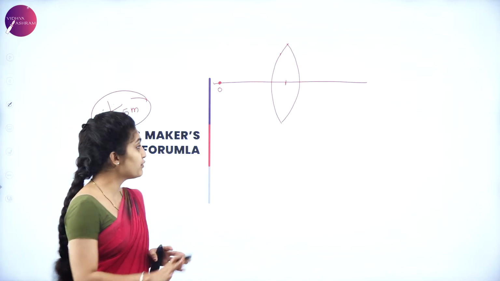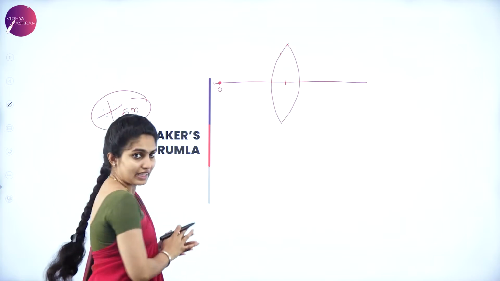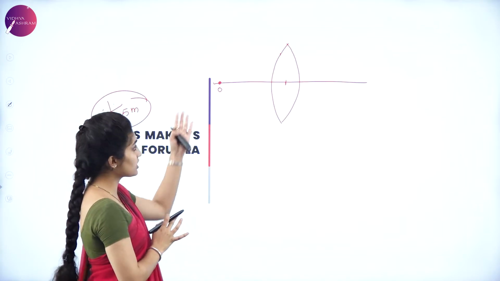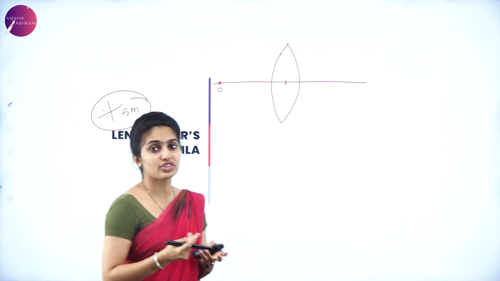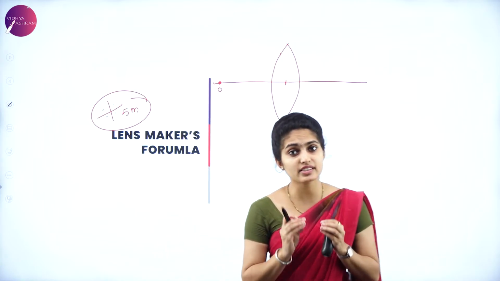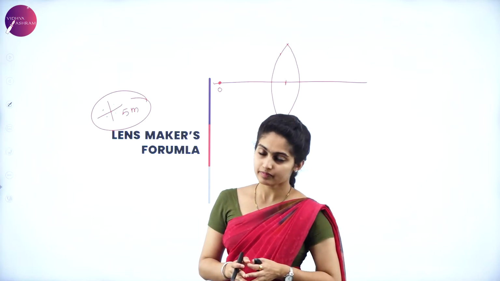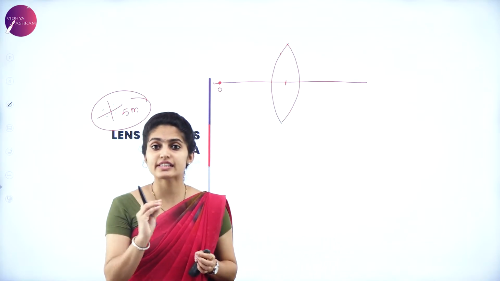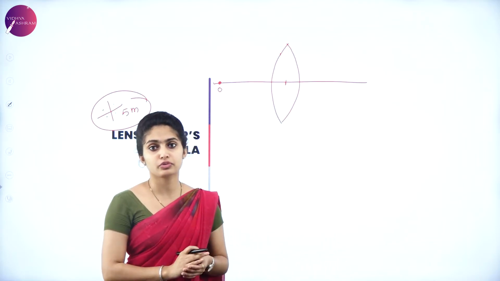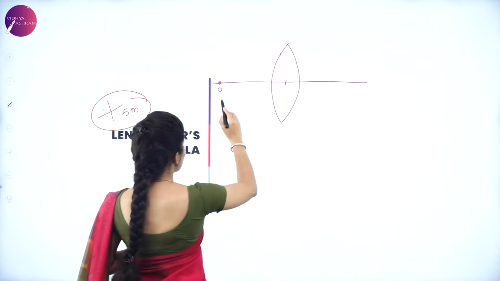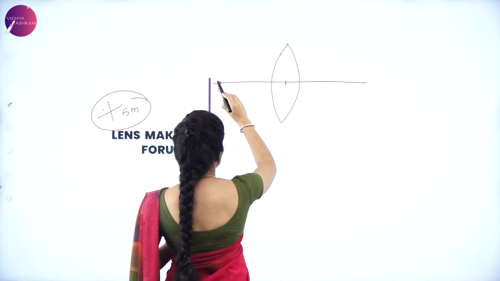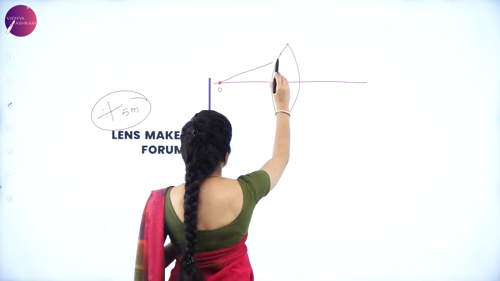Okay, so now there is an object, call it O, which is placed at a certain distance. We don't know which distance exactly it is, but it is at a certain distance from the optic center. Clear? Now there is an incident beam which falls onto the lens.